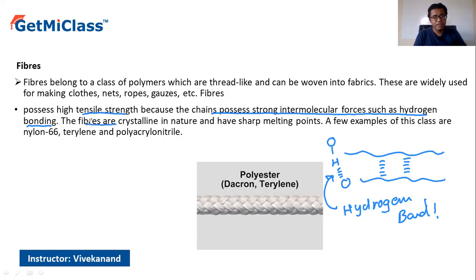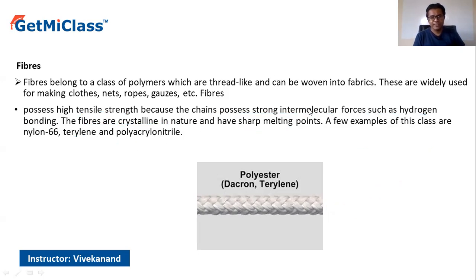These fibers are crystalline in nature and have a very sharp melting point, meaning that at a specific temperature, it starts to melt. A few examples of this class are nylon 6,6, terylene, and polyacrylonitrile. So these are all about it. Let's go with the next one.